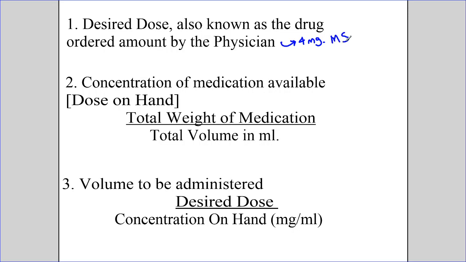of morphine. The next thing you want to do is find out the concentration of the medication available. Here you have the dose, also called the dose on hand. In this situation, we may have a total of 10 milligrams in 1 milliliter.